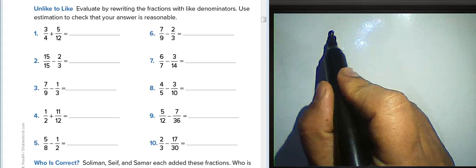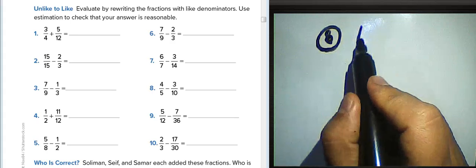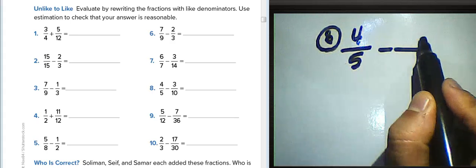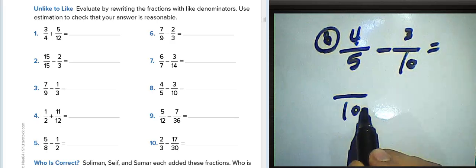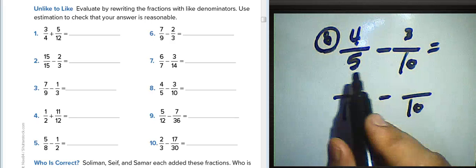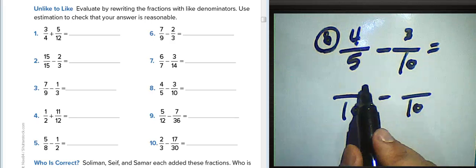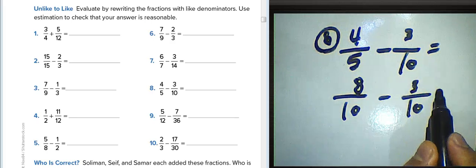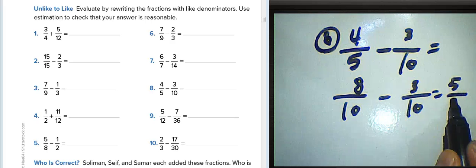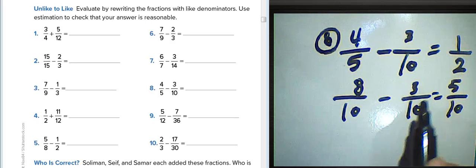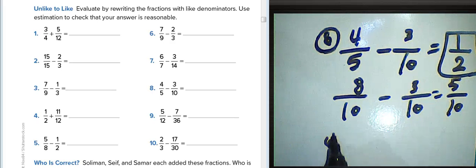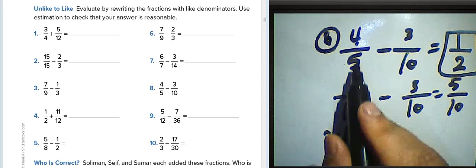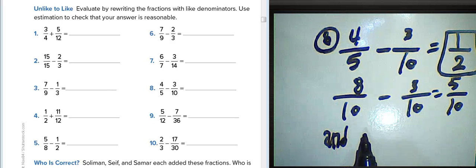Question 8. 4 over 5 subtract 3 over 10. We can find the least common multiple between the two denominators. 10 divided by 5 equals 2. 2 times 4 equals 8. And the result will be 8 minus 3 equals 5. 5 over 10 will be 1 over 2, half. Approximating, 4 over 5 will be 1.